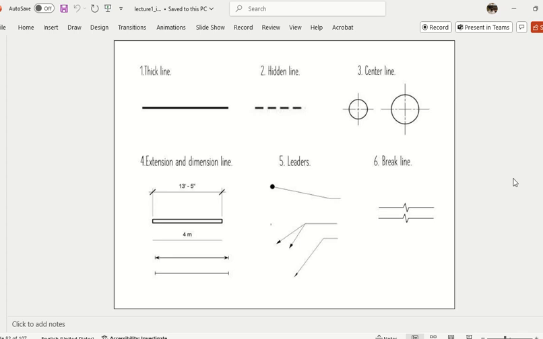And you should now see the difference between this one and this one. What is the difference between center line and hidden line? Can somebody tell me? Number 2 and number 3.